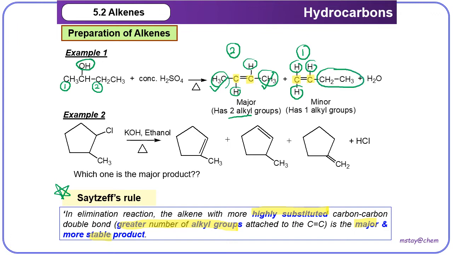Among these 4 groups, only 2 are alkyl groups. For the other product, among the 4 groups on the double-bond carbons, only 1 alkyl group. Even though this alkyl group has more carbons, we still consider it only 1 alkyl group.